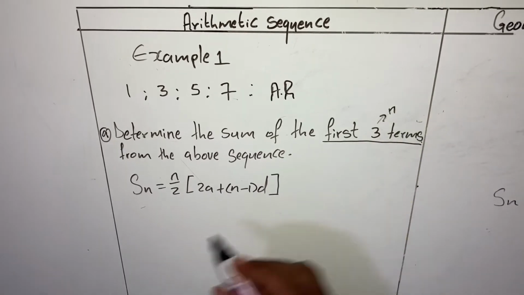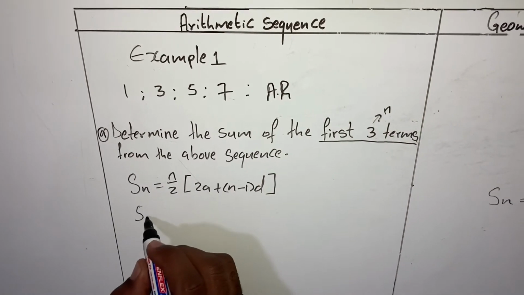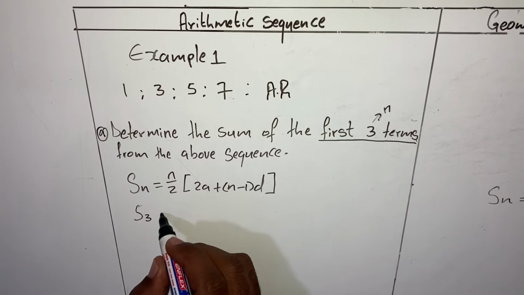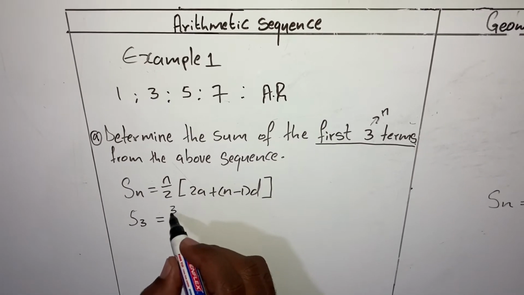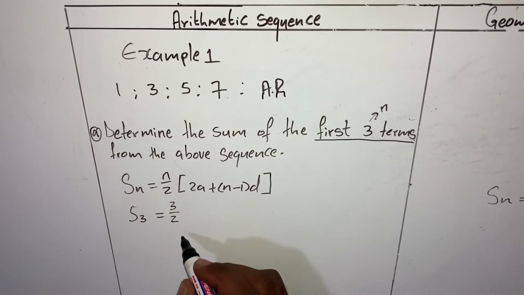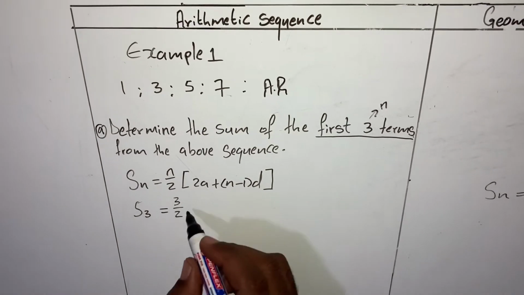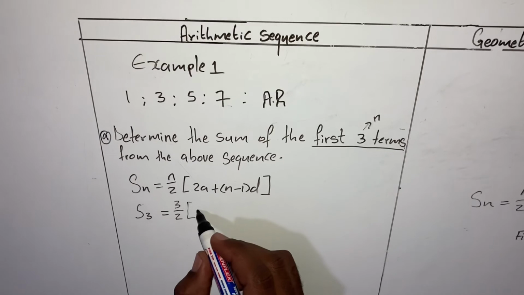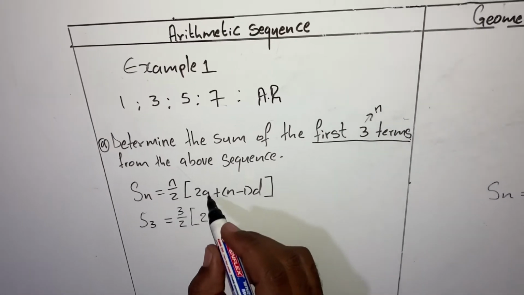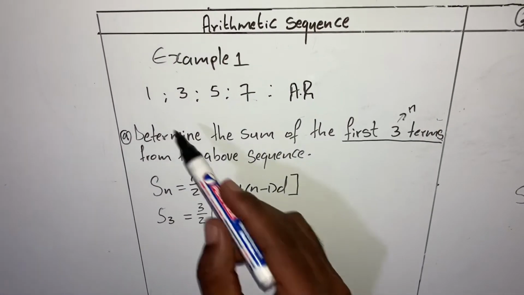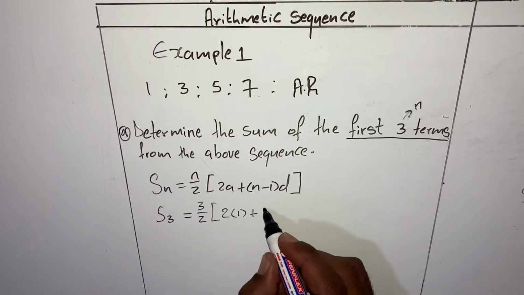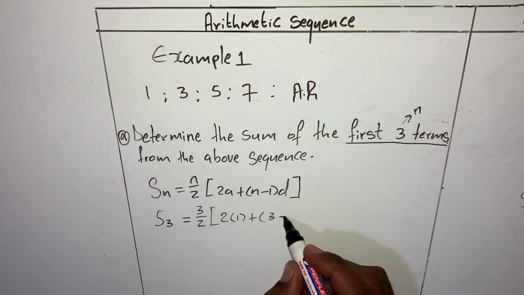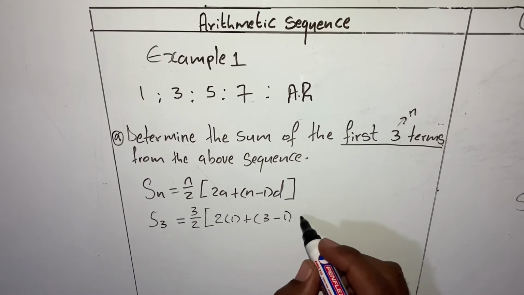Where there is n, I put a 3, all over 2, and 2 times a, our first term, which for this sequence is 1, plus (3 minus 1).